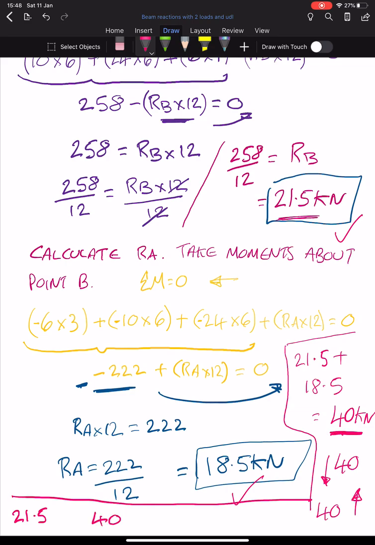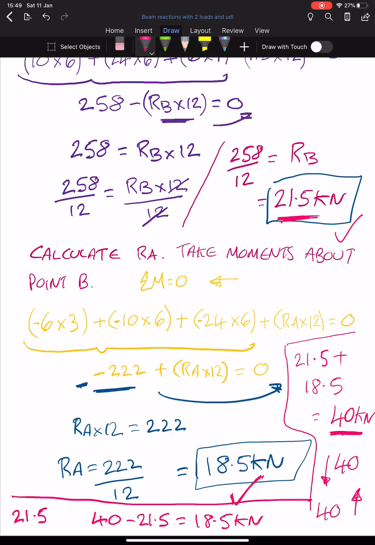You could then take away RB, which would leave you with 18.5, which is RA. Don't forget the kilonewtons. So you knew 21.5 was coming up, and there was 40 coming down. So if you take away 21.5 from 40, that will give you 18.5.